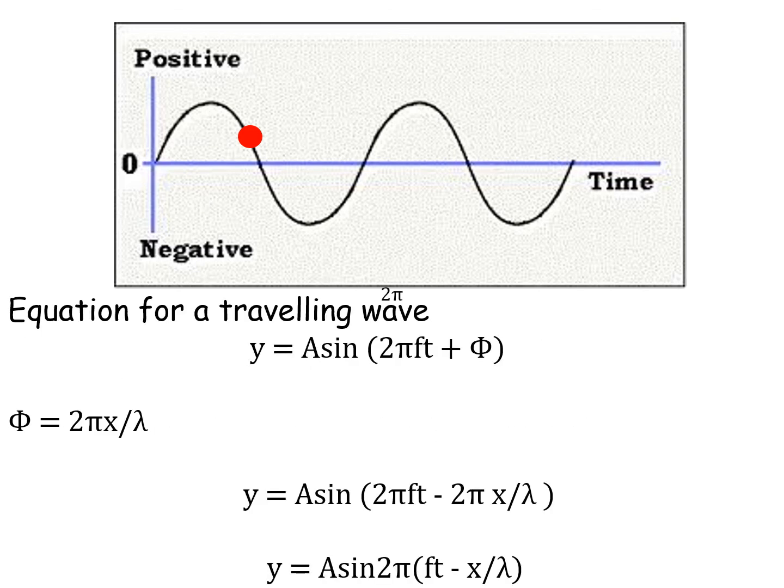So to tie it all together, we can say the equation for a travelling wave is y is equal to a sine 2 pi ft. So we got this from previously. And then instead of saying it as x, we say it's phi, where phi is the phase difference 2 pi x over lambda. Because remember, that really is the definition of phi.